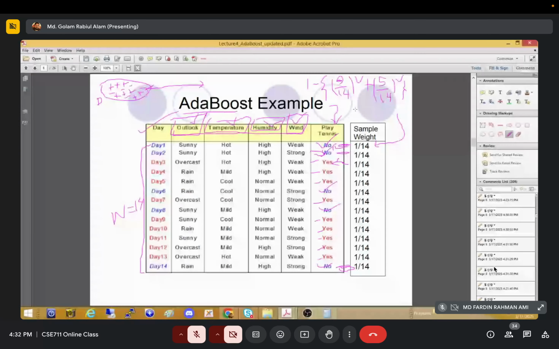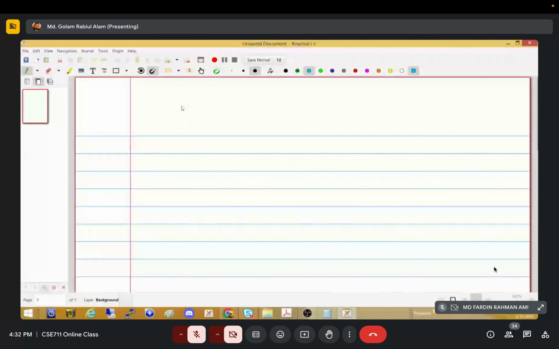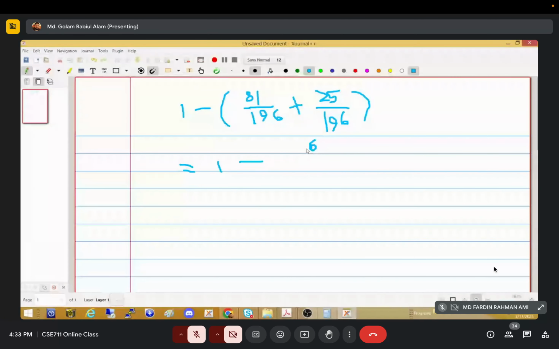So it is 1 minus 9 square, that is 81, divided by 196, plus 5 square, that is 25, divided by 196.